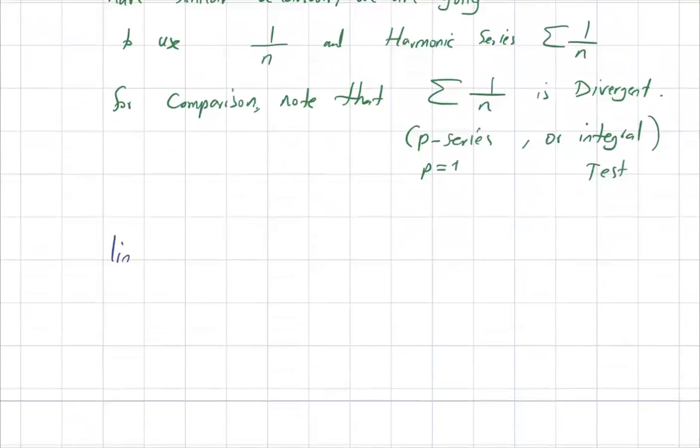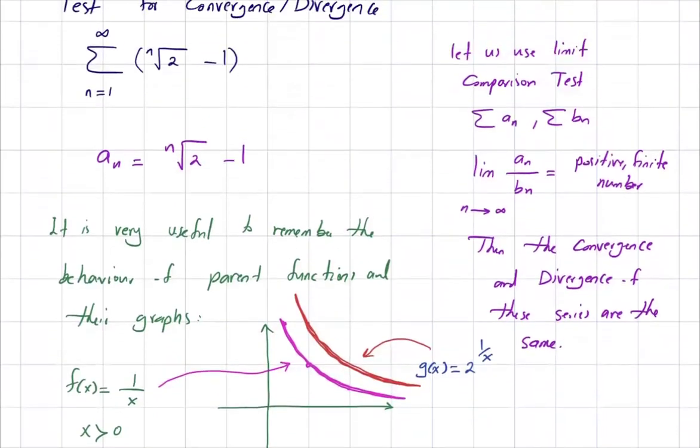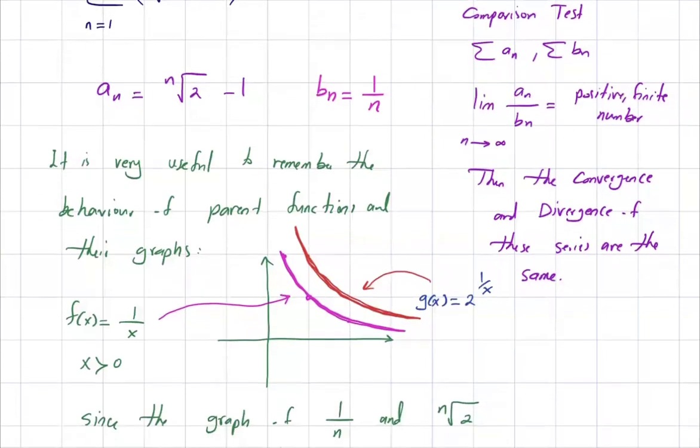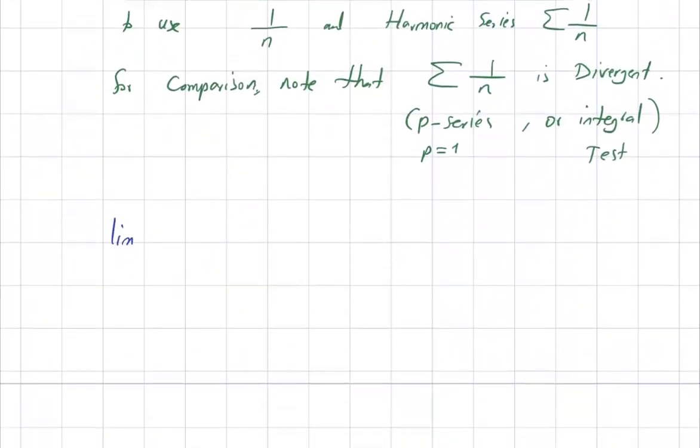The limit of a_n and b_n, where b_n is 1 over n: the limit of the nth root of 2 minus 1, divided by 1 over n, as n goes to infinity.